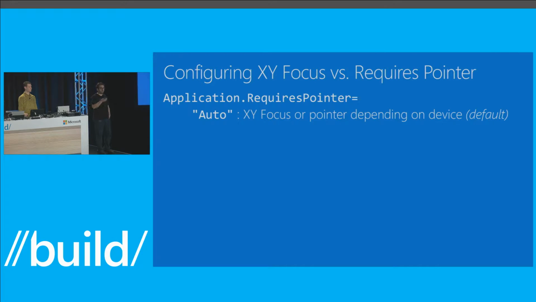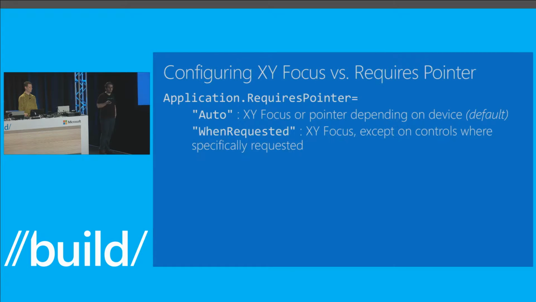And so since you want to have a really great app with a controller, you'll want to actually switch that from auto to when requested. When requested forces it to be in XY focus mode, which is the mode of interaction that you want, except on child nodes, on controls inside your app that you've specifically said you want to be in pointer mode. All right? So you want to set requires pointer to when requested.